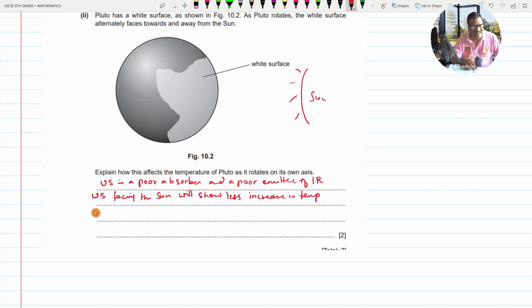Now black surface, BS: when the white surface is facing the sun, the black surface will be facing away from the sun, and it will show more decrease in temperature.